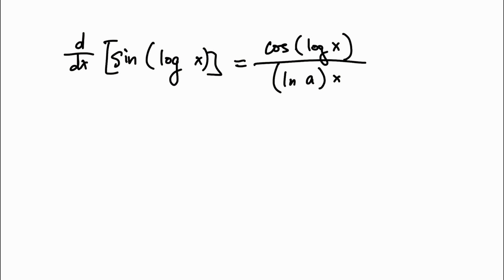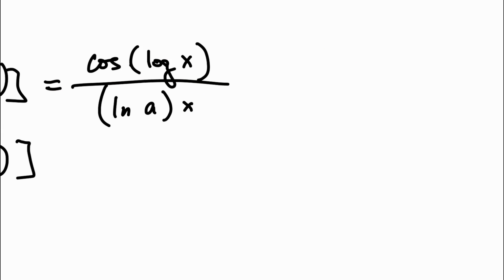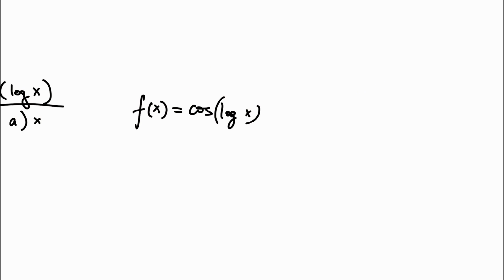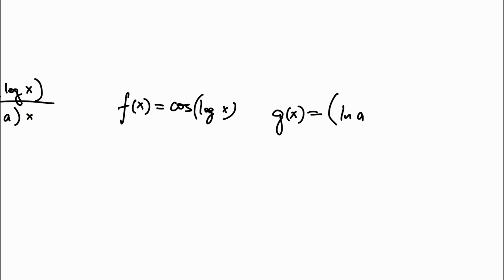So what we have is the second derivative of this, the same expression. So it's basically the derivative of this, and we can use the quotient rule. So let's denote f of x as the cosine of log of x, and g of x would be ln of a times x.